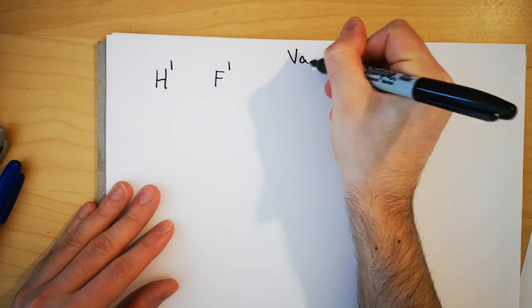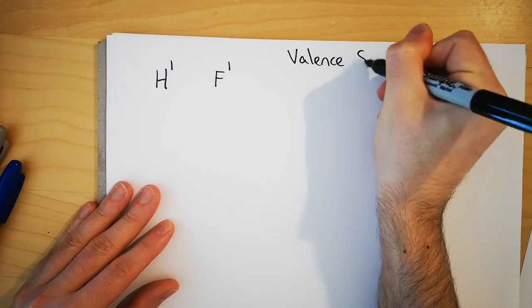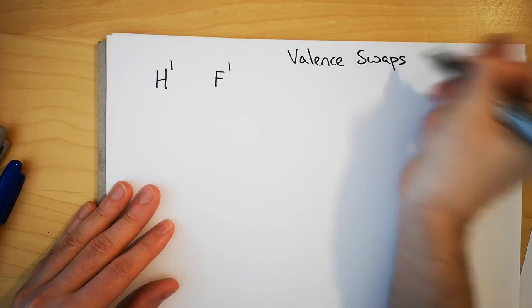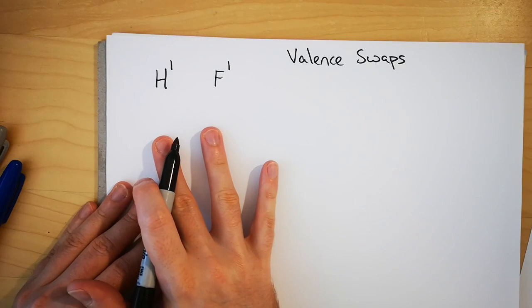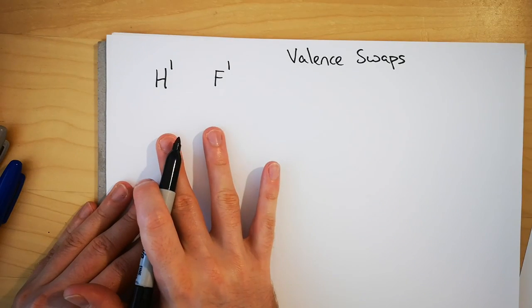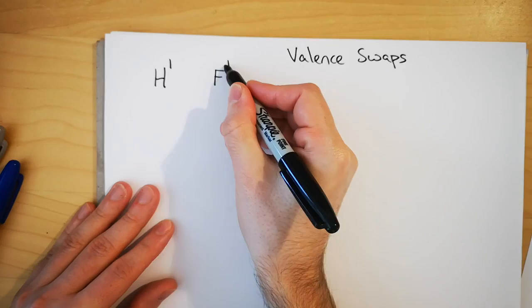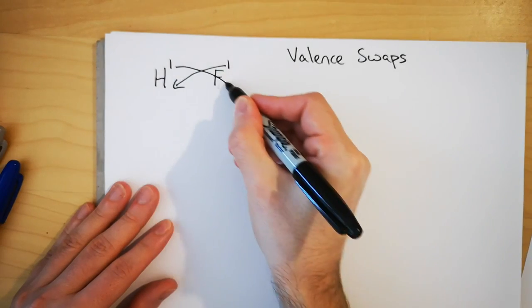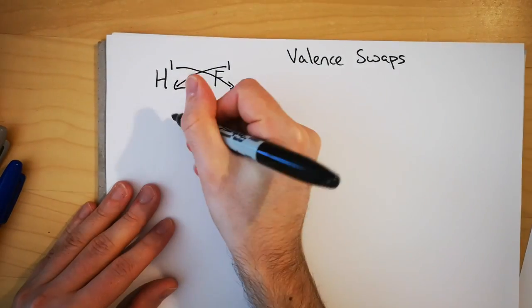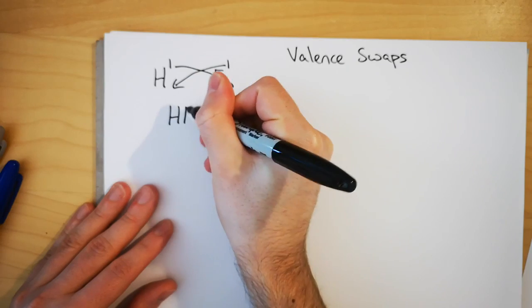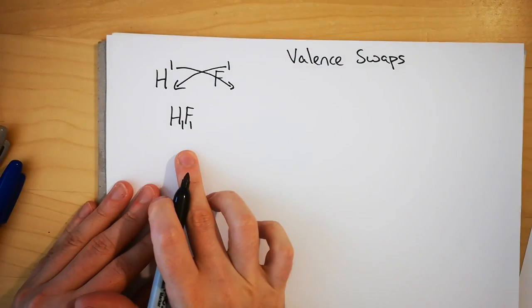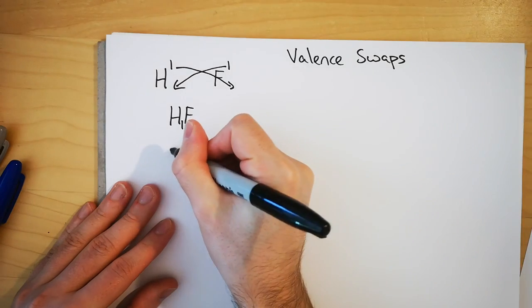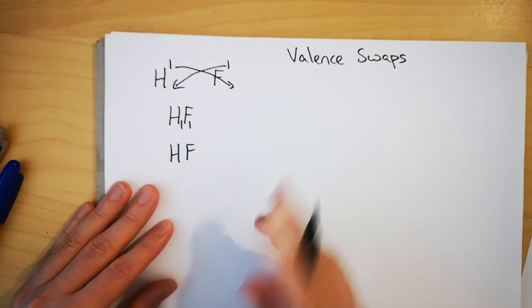This is going to be swaps. Now, if I want to quickly know how many atoms are going to be in my molecule, all I have to do is swap those numbers over. So I get HF, 1 and 1. Now, we don't bother writing the ones, so it just goes to HF.